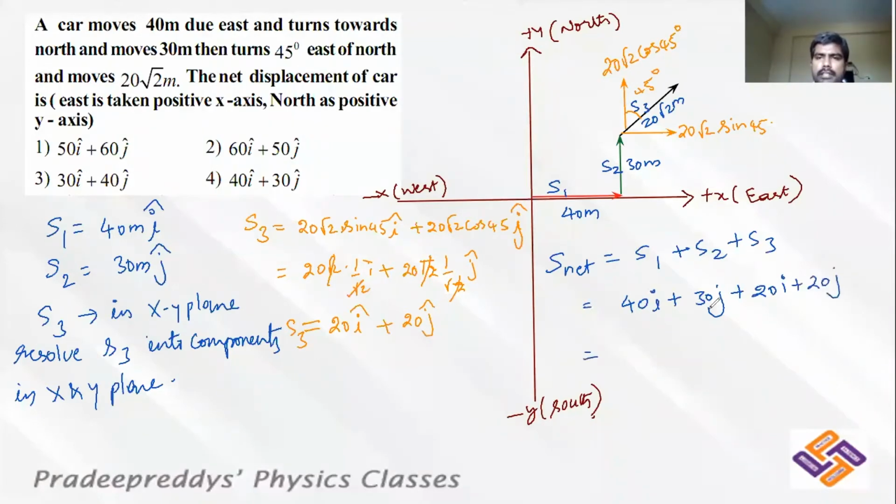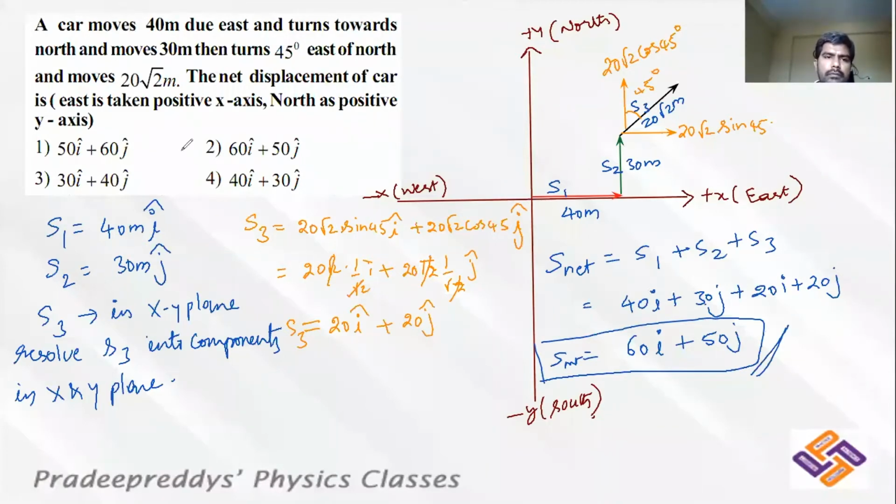Now components along the same direction, you should add them. 40 plus 20 is 60i, plus 30 plus 20 is 50j. That is the net displacement of the body. It is 60i plus 50j. It is option number 2.